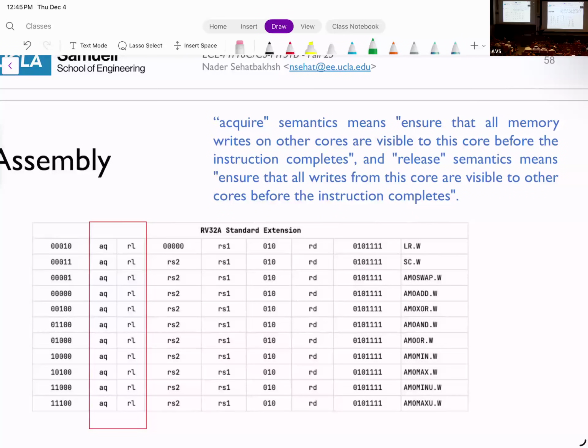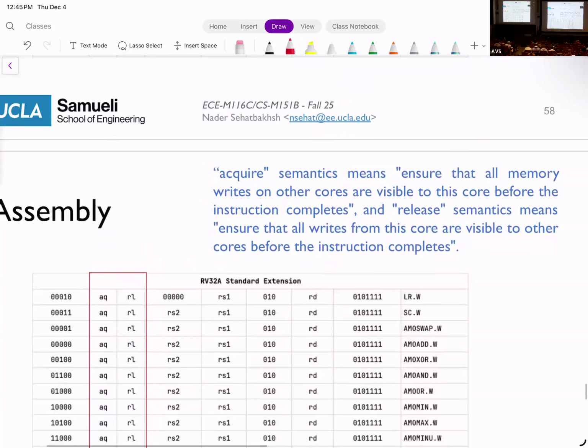So these instructions nicely give you two things. If acquire, for example, is 1, it means that the instruction should ensure that all the memory writes from the other cores are visible to this core before this instruction completes. Okay? So it also serializes all the writes before. Remember I told you that release consistency means when we get the lock, we need to make sure all the other writes are finished.